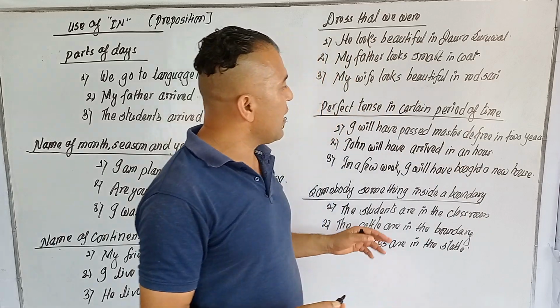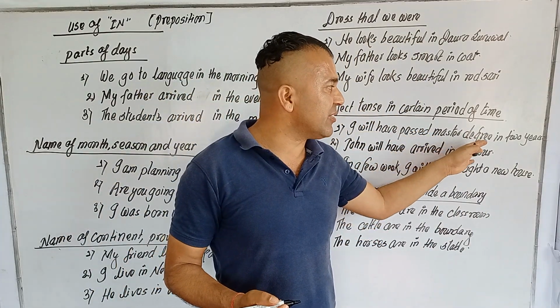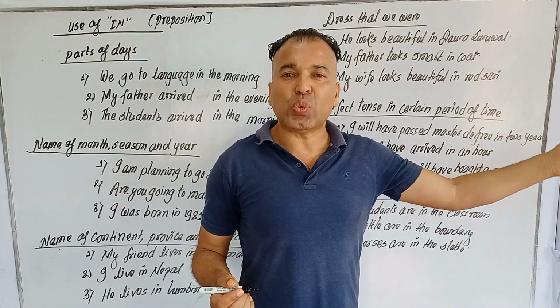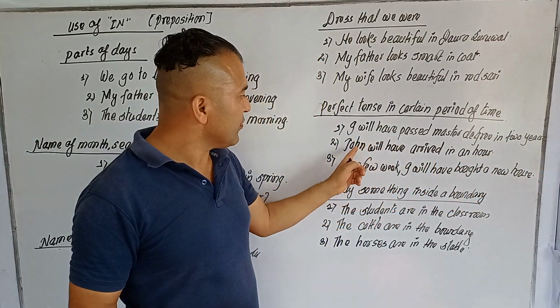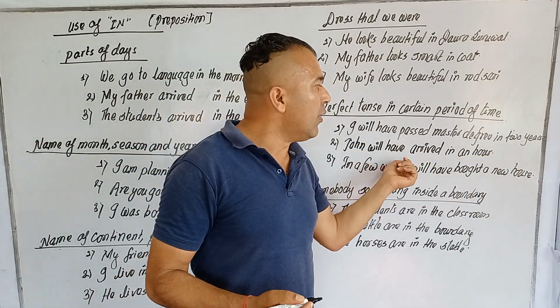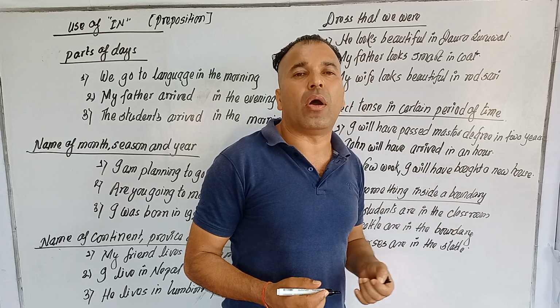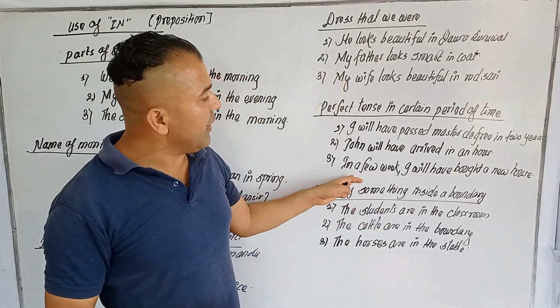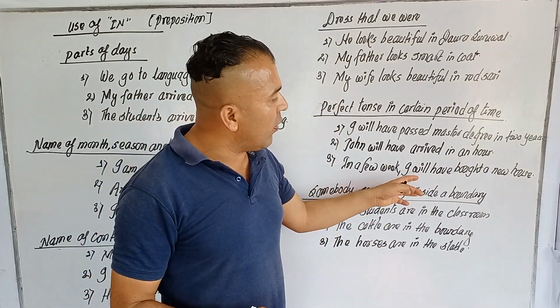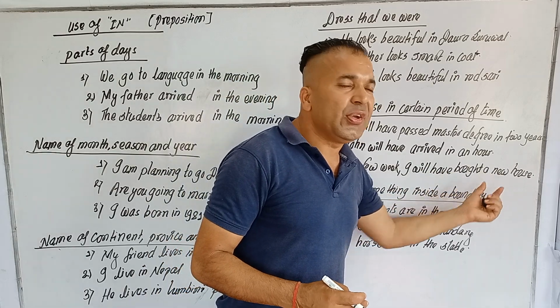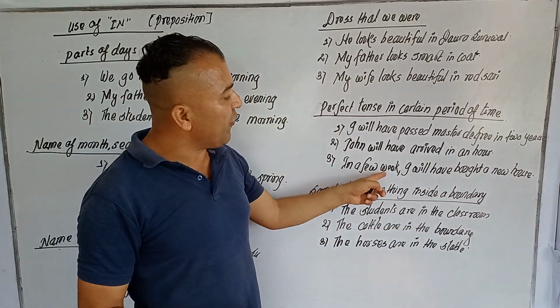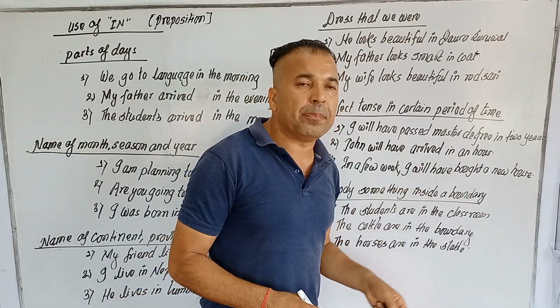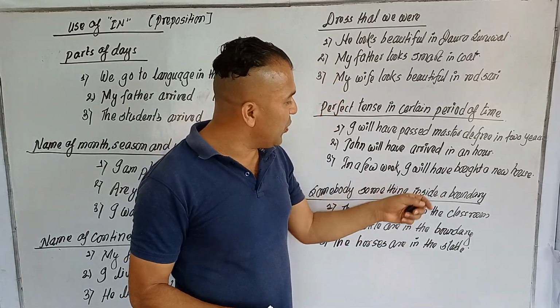Perfect tense in a certain period of time. I will have passed my master's degree in 2 years. Johan will have arrived in a few weeks. In a few weeks, I will have bought a new house.